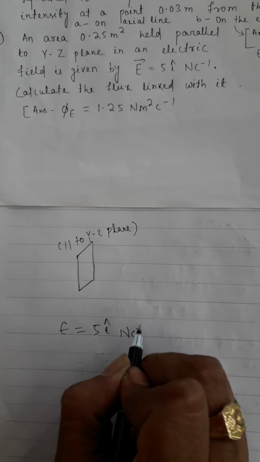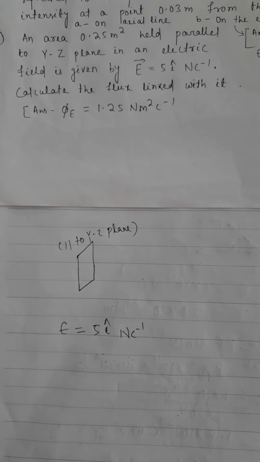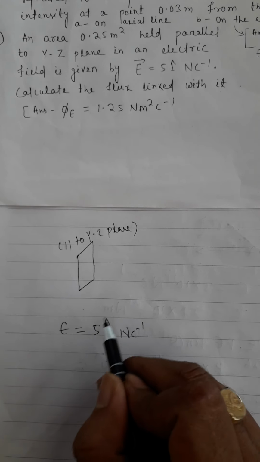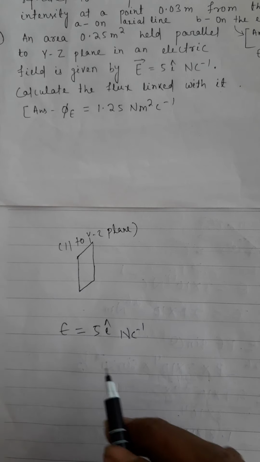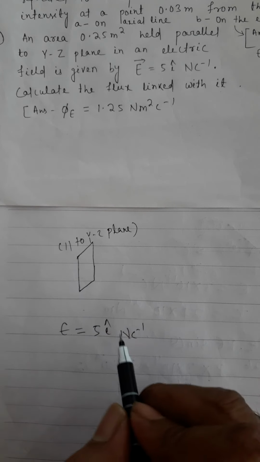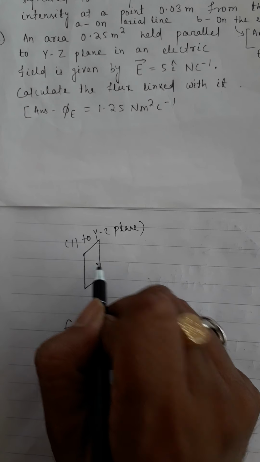I cap means the magnitude is 5 and I cap is the unit vector along x axis. So the direction of electric field is along the x-axis.